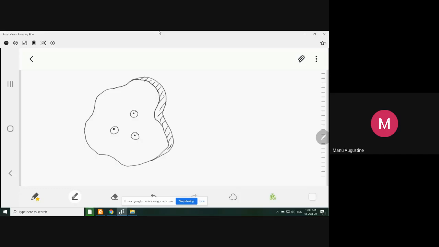See, with a regular shaped body, I can be 100% sure. For example, if I draw a thick plate like this, this is a regular rectangular shaped object, right? Now, for this object, I can be 100% sure that the center of gravity will be at the center of the rectangle. And how do I obtain the center of the rectangle? There are two ways.